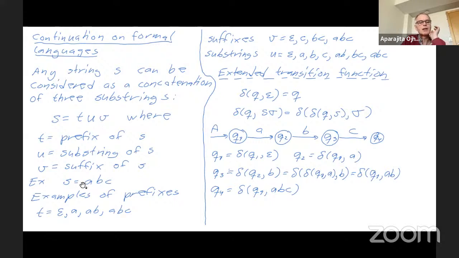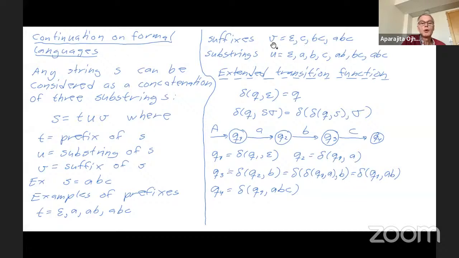So for instance, in the case of S being the string ABC, examples of prefixes are anything that starts from the beginning, so to say. So epsilon is a prefix, A is a prefix, AB, and also ABC. But for instance, BC is not a prefix, it's rather a suffix.